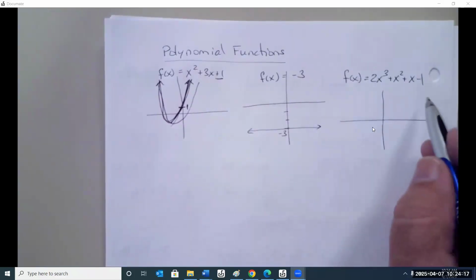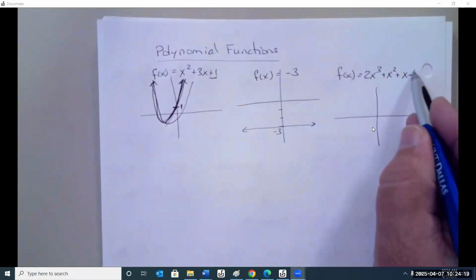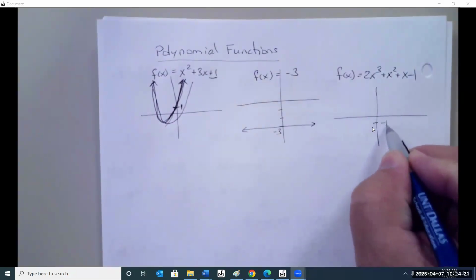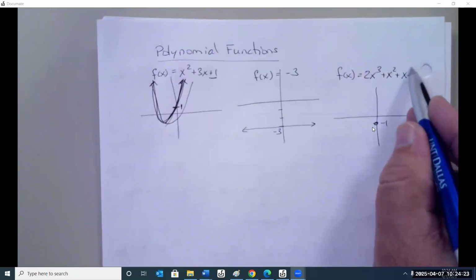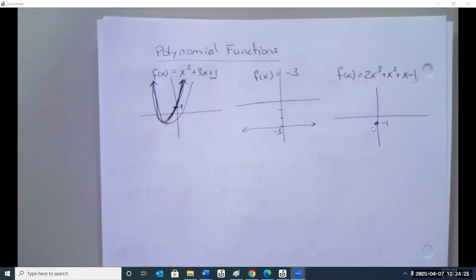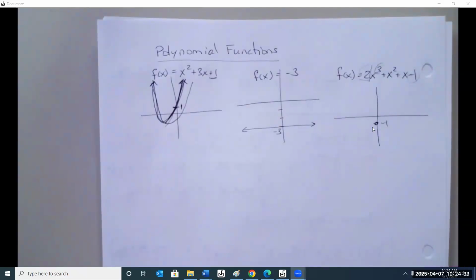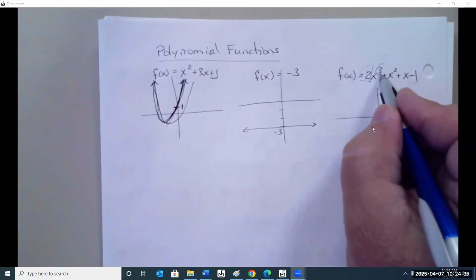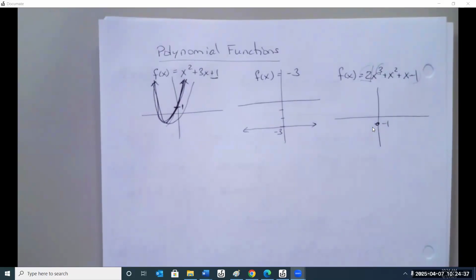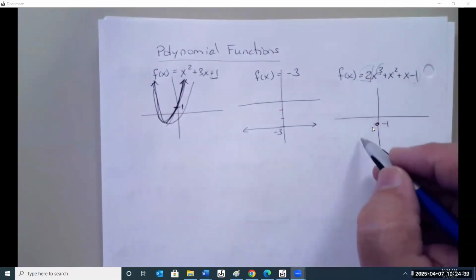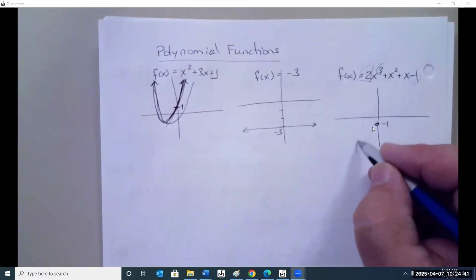So what do we know about this one? We know the y-intercept is at -1 because of that. We know that it's positive, so it has to be an increasing function. It's odd, so both ends point in different directions, and it's positive, so it's got to look something like this.